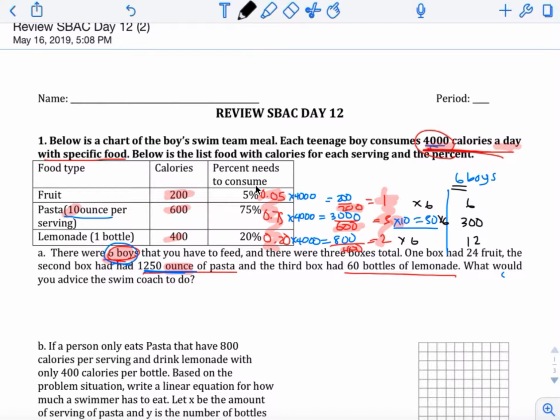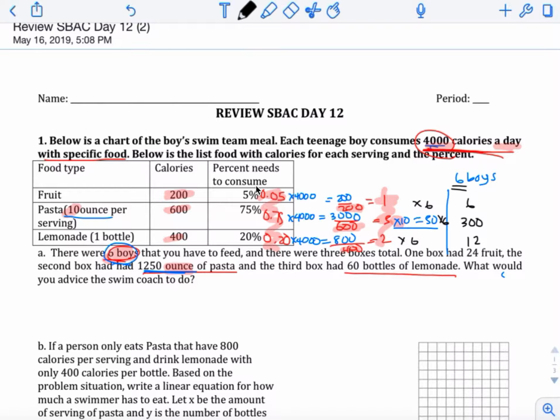The swim coach has overbought by a lot. Because you only need 6 fruits, this many ounces of pasta, and this many bottles of lemonade.